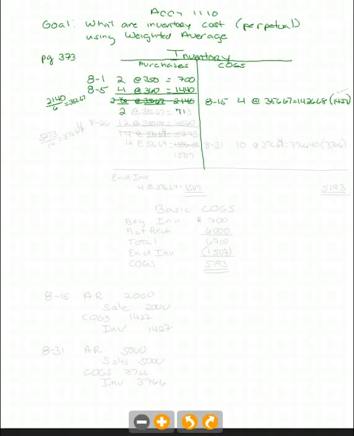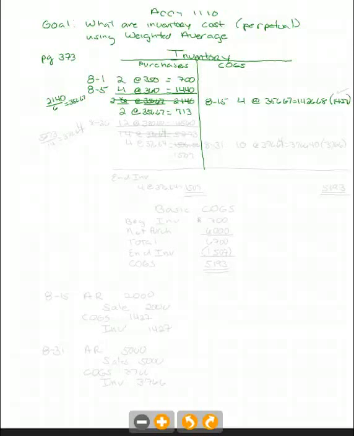What is our average cost per unit? If we have 14 and they total $5,273, $5,273 divided by those 14 units is going to give us an average unit cost of $376.67. So our average cost is $376.67. 14 times $376.67 equals our $5,273.